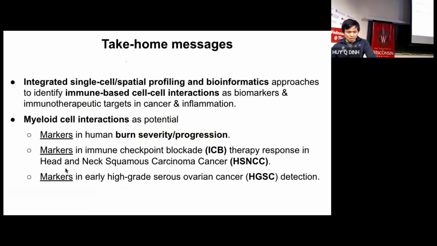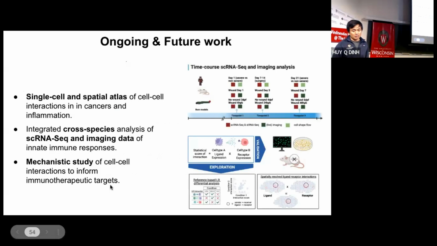So with that, hopefully I was able to show you the three examples where we use single cell and spatial data to identify potential markers in human burn severity, in response to immunotherapy, and in early cancer development. The ongoing and future work is we want to incorporate across species, especially for the burn project.